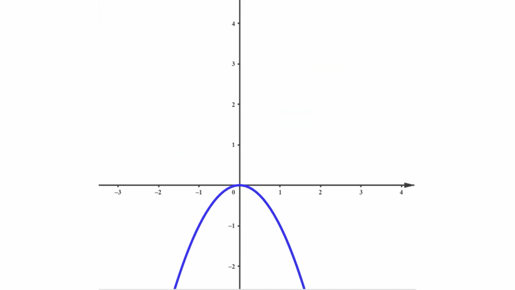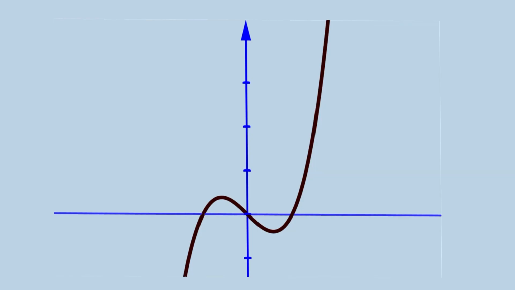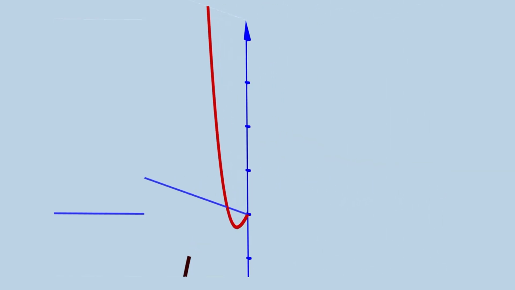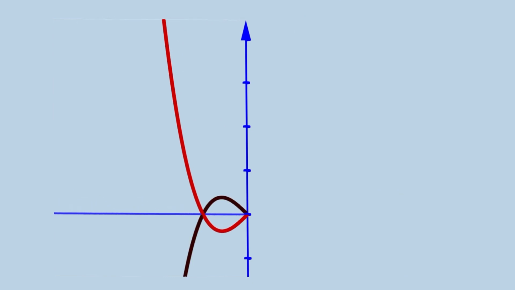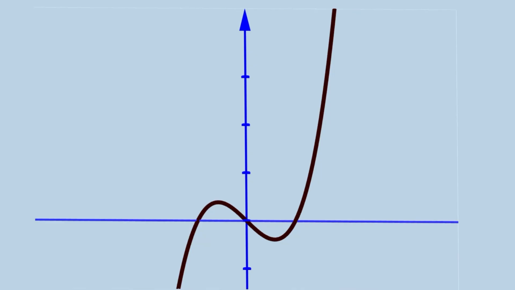Now consider this function. F of x is equal to x to the power of 3 minus x. How does its graph look? It is not symmetric about the y-axis, because if you fold it over the y-axis, the two sides do not match. But if you look carefully, it is symmetric about the origin. Why?